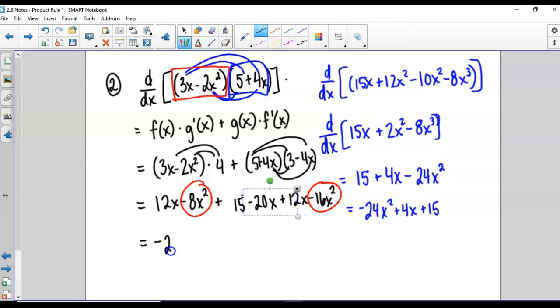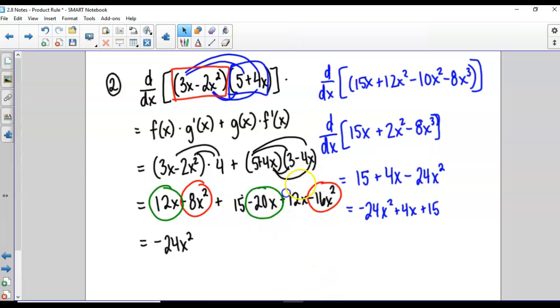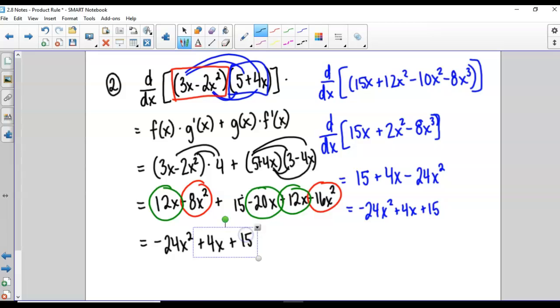That's going to give us the negative 24x squared. Then we could combine the 12x, the negative 20x, and the other 12x. And so that is going to give us the plus 4x, and then you got that plus 15 on the end. So either method works here. I actually probably prefer that first method in this case, but I just wanted to show you another situation where this could be used.